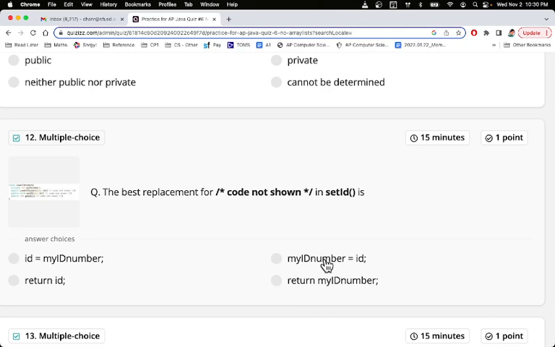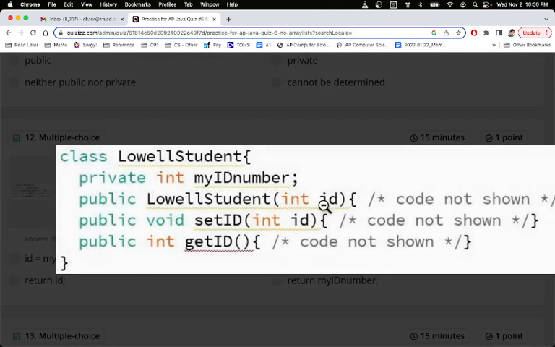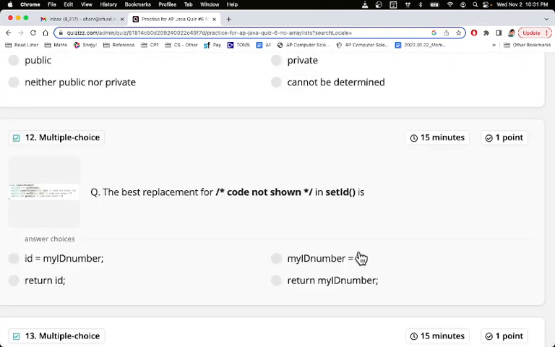It must be one of these two. When you look back at the problem, ID is temporary. That is a local variable. It gets passed in, it does its job, and then it disappears. What is persistent and what remains with a LOLStudent is my ID number. So you should be storing ID into my ID number, not the other way around.